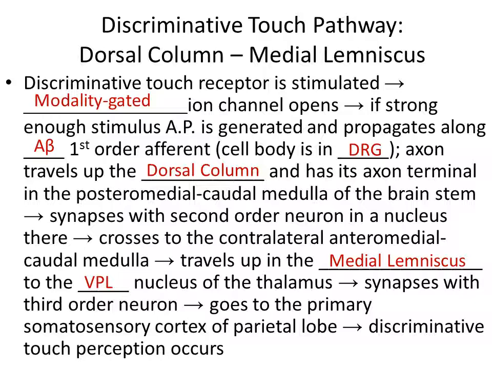It's going to travel up the medial lemniscus to the ventral posterolateral nucleus of the thalamus. Here it's going to synapse with a third order neuron. The third order neuron will go to the primary somatosensory cortex of the parietal lobe, and discriminative touch perception will now occur.